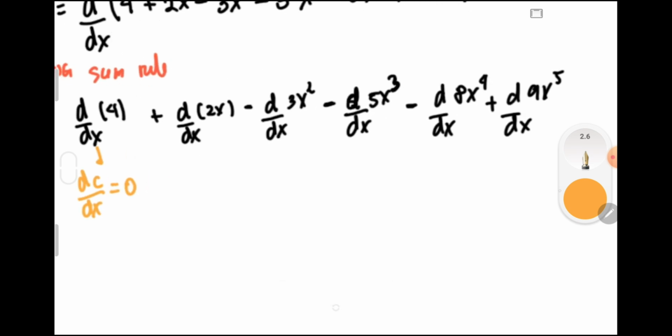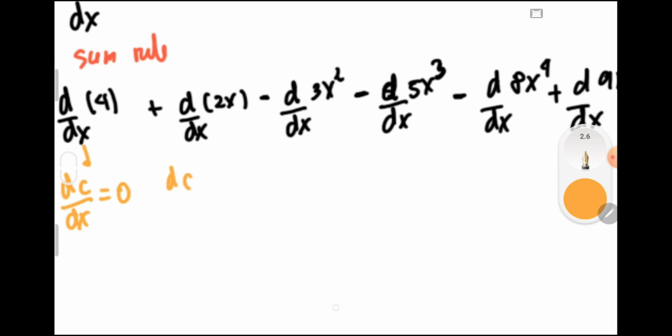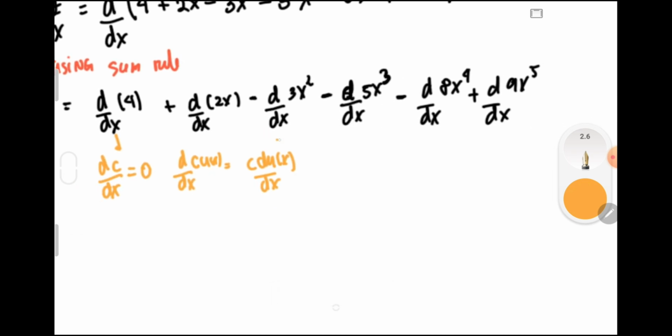Next, this can be written using our formula of the derivative of cu with respect to dx, which is equal to c du of x over dx. Of course, the other terms are the same.